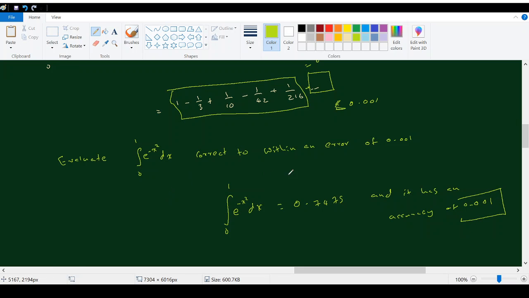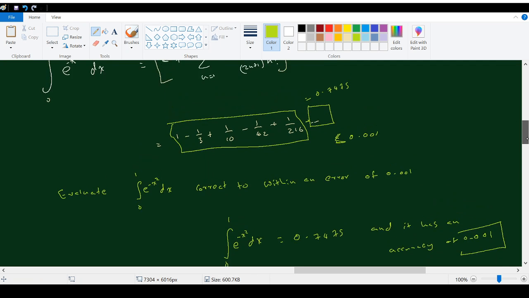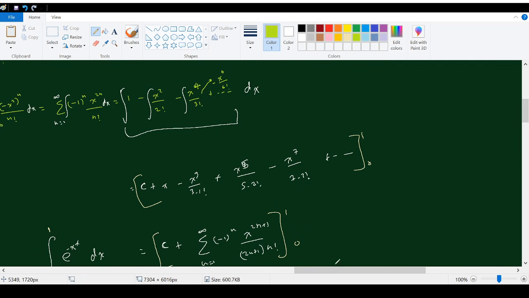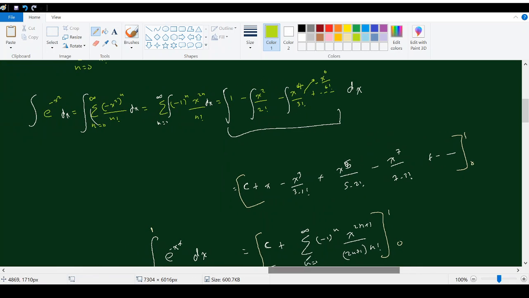Okay, so this is how we make use of this Maclaurin series theory or the Taylor series theory to evaluate integrals, right? So now see, this is a very simple looking function, and taking the derivatives is not difficult at all. But when it comes to integration, you cannot just integrate whatever function they give you, right?